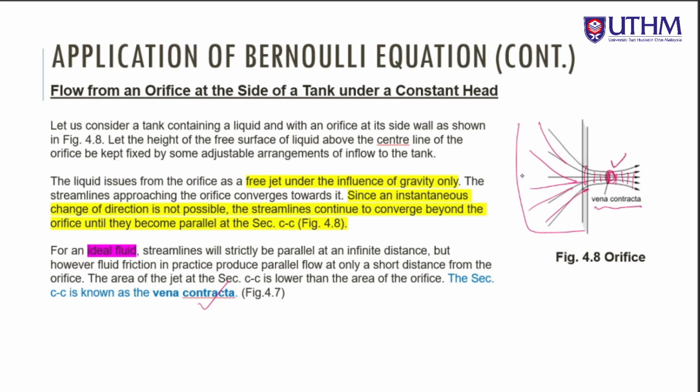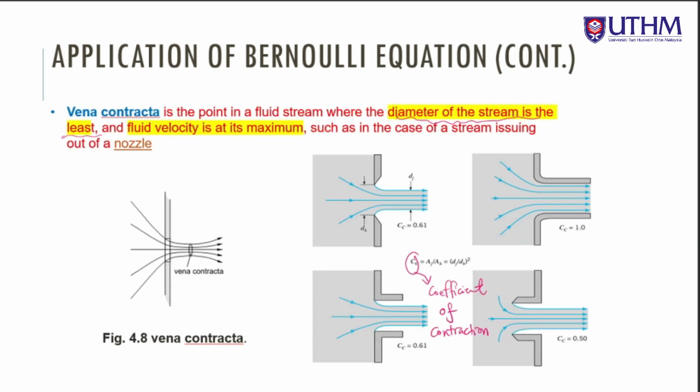Tapi this vena contracta will give the least diameter of the stream, and fluid velocity is actually at its maximum point at this vena contracta point, such as in the case of a stream issuing out of nozzle. Contoh yang ni sini memang area dia paling kecil, tapi dia punya velocity is at its maximum value.